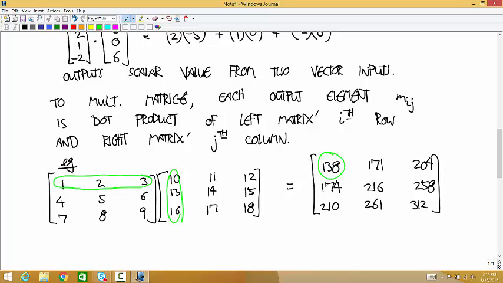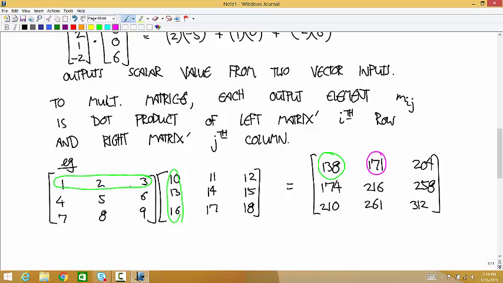To get this 171, that's a dot product between, well, let's think about it for a second. So what are the row and column numbers of 171? 1, 2.